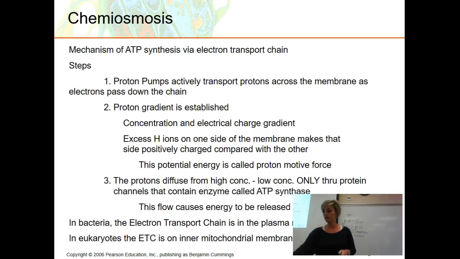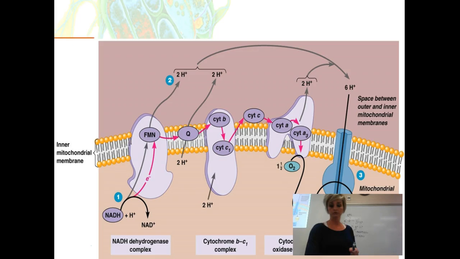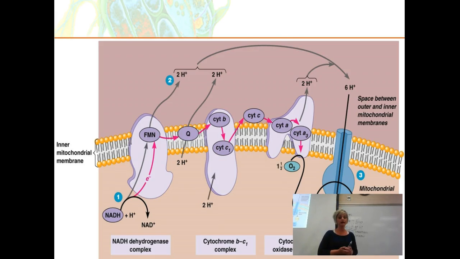Let's look at it up here. There it is. Now this is on the, it says up there, mitochondrial membrane. This was a good picture from eukaryotic species. One thing I want to note with you, it's not on the mitochondrial membrane for prokaryotes. Bacteria don't have that. It's on the plasma membrane.